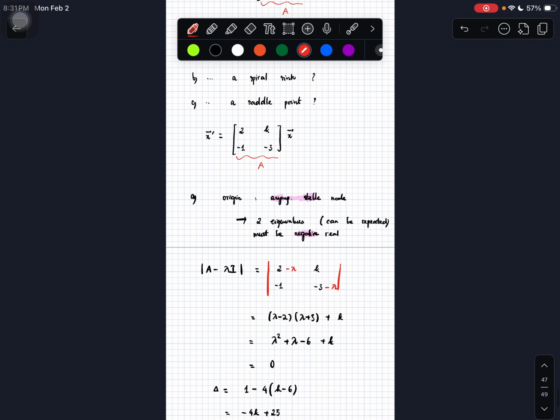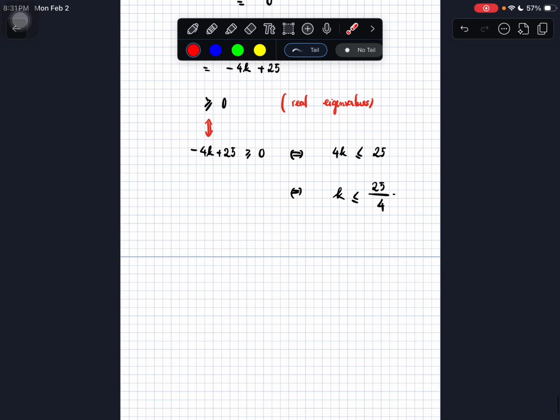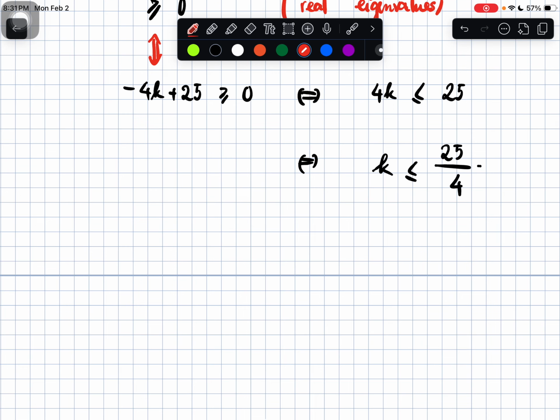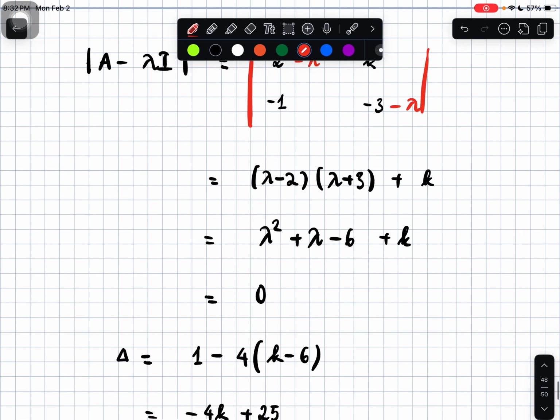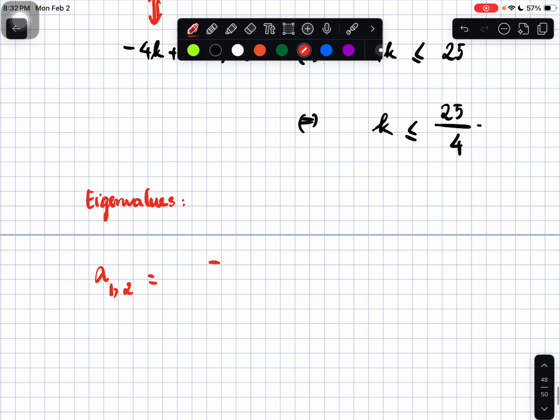But we also want the eigenvalues to be negative. So we compute the eigenvalues. The eigenvalues lambda 1, lambda 2 are minus b plus or minus the square root of delta, divided by 2a.